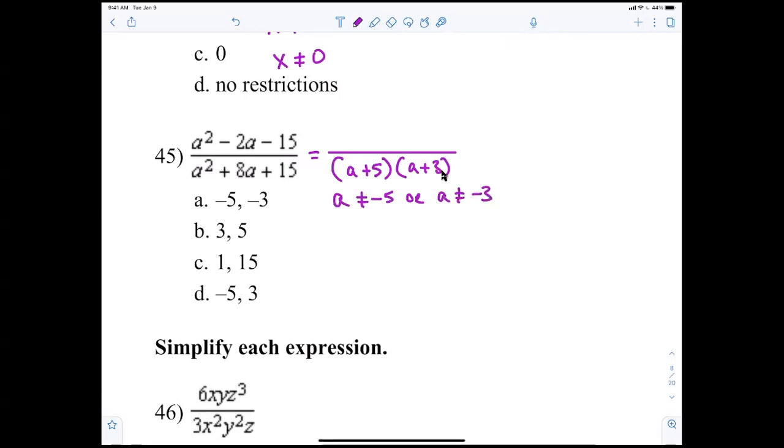All right, so obviously the correct answer is what? A. But again, I want everybody to make sure I don't want you confused when you see the test. That's how the answer is on the test, on the exam. A cannot equal -5, or a cannot equal -3. Everybody okay with that? Everybody good?